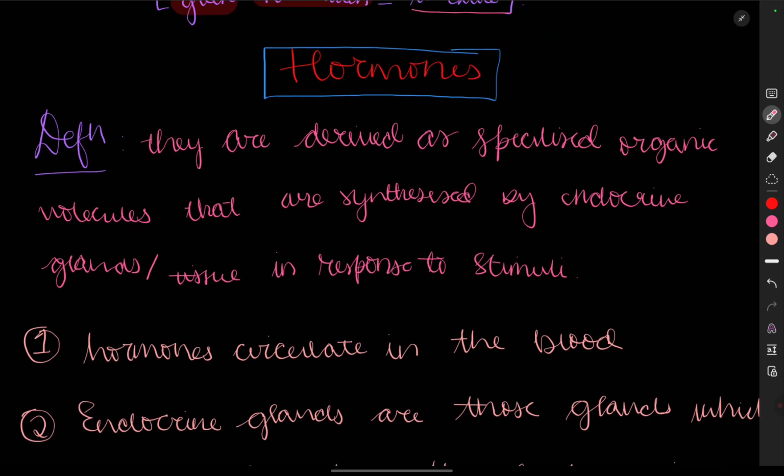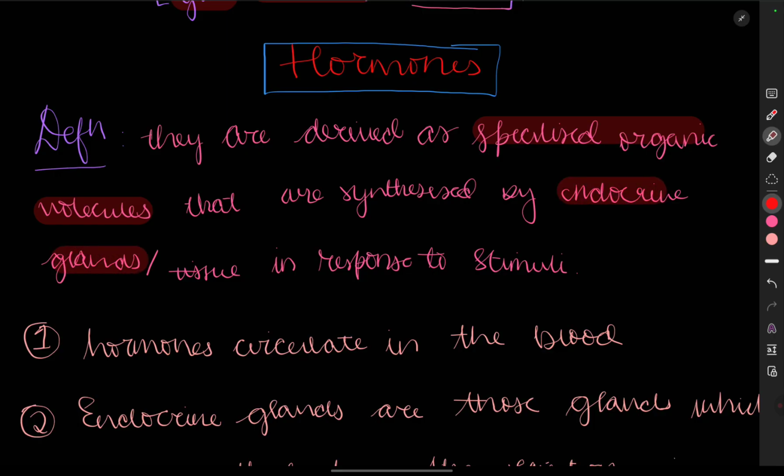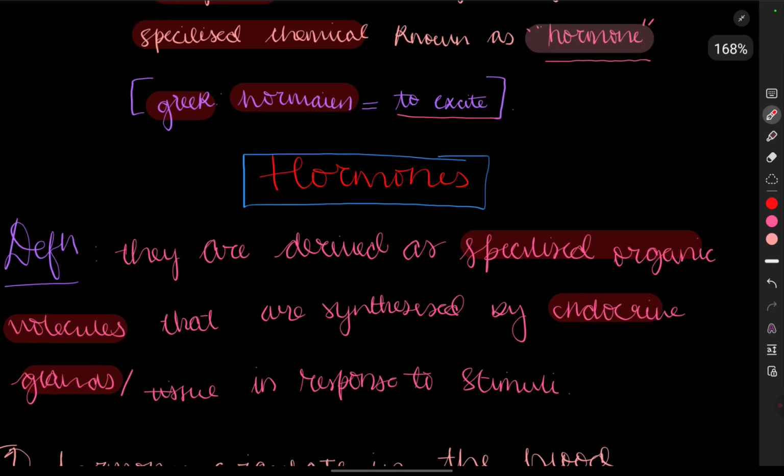Now, what is the definition of a hormone? Hormones are specialized organic molecules that are synthesized by endocrine glands. There are two types of glands that I would like to talk about: the endocrine glands and the exocrine glands.